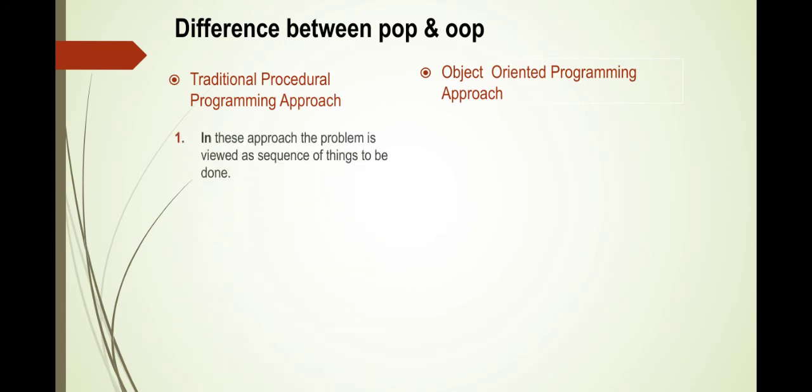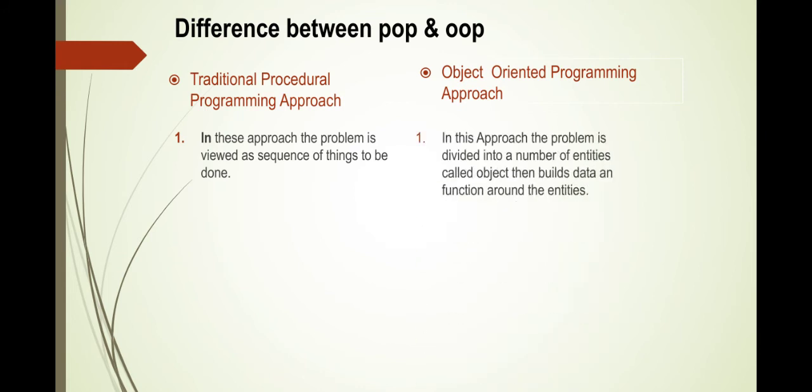First, in the traditional approach the problem is viewed as a sequence of things, and in object oriented programming each problem is divided into a number of entities, and those entities are called objects. Second, procedural programming has emphasis on doing things, and object oriented programming has emphasis on data rather than the procedure.